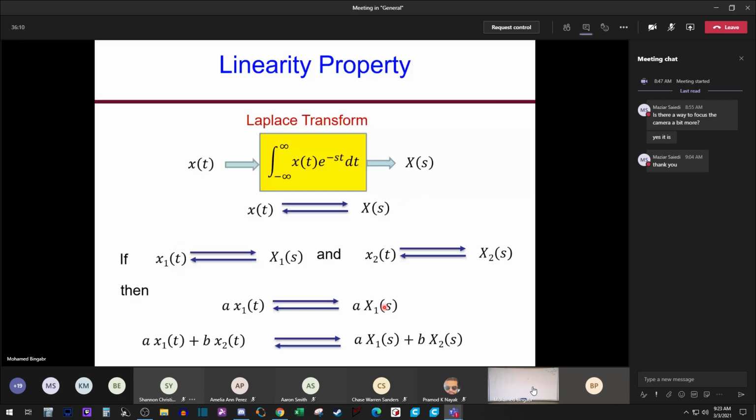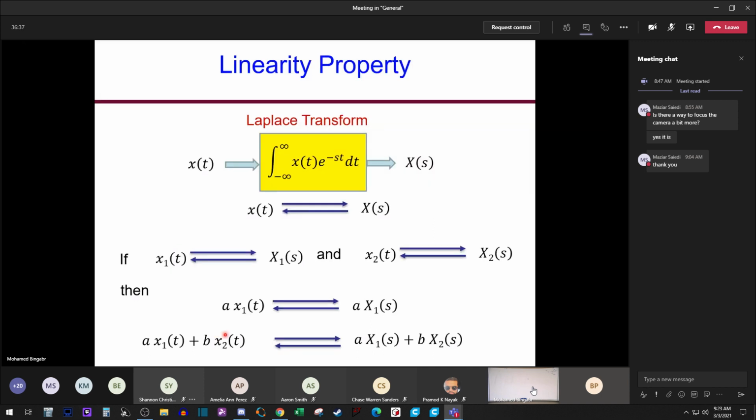All right, let's create a second signal, x2 of t, and let's say the Laplace transform of it is x2 of s. Now, if I have a signal which is a combination of these x1 of t and x2 of t, this is a new signal that consists of both amplified or attenuated by different constants.